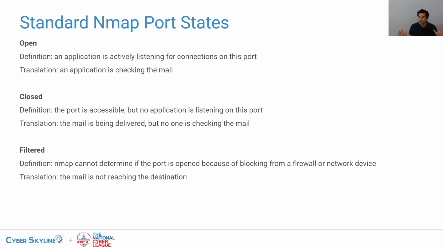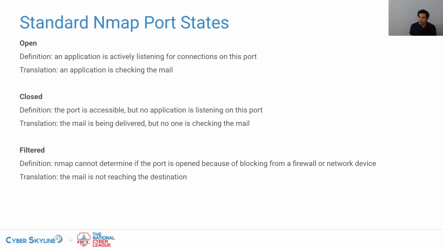Maybe we don't have a good analogy for this in the mail system, but in a corporate environment or any security environment, you might put up a firewall that says, hey, I don't want to accept any traffic coming into my network on these ports or from these IP addresses. Maybe you need to be on the local network in order to send data to that server.